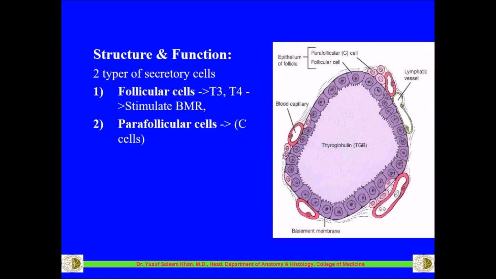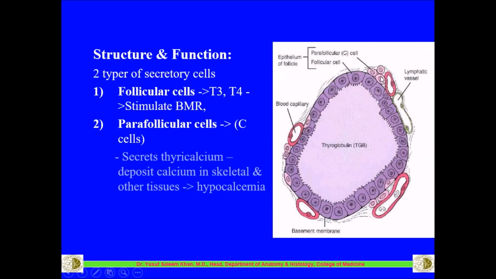In case of the follicular cells, they will be secreting T3 as well as T4, which help in the stimulation as well as maintenance of the basal metabolic rate. And the parafollicular cells will be secreting a very important hormone called thyrocalcium, and this helps in the deposition of calcium within the skeletal muscle as well as other tissues.